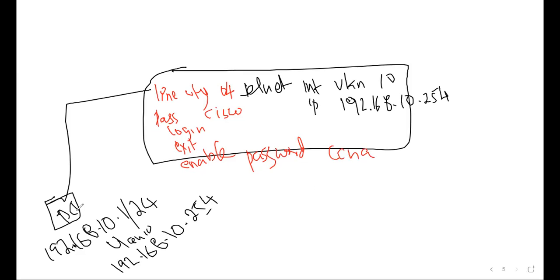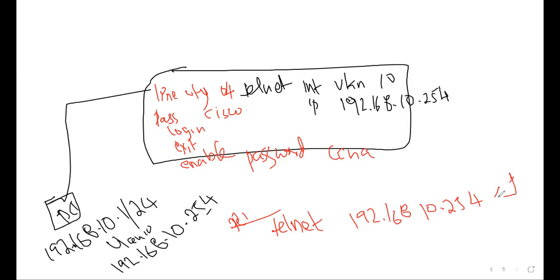Now from the system, from PC1, what do I do? I'm going to access it via telnet. From the command prompt, I'm going to give telnet space the IP of the switch, which is in the same range as the gateway. Telnet space 192.168.10.25. The moment I enter, it will ask for the password.